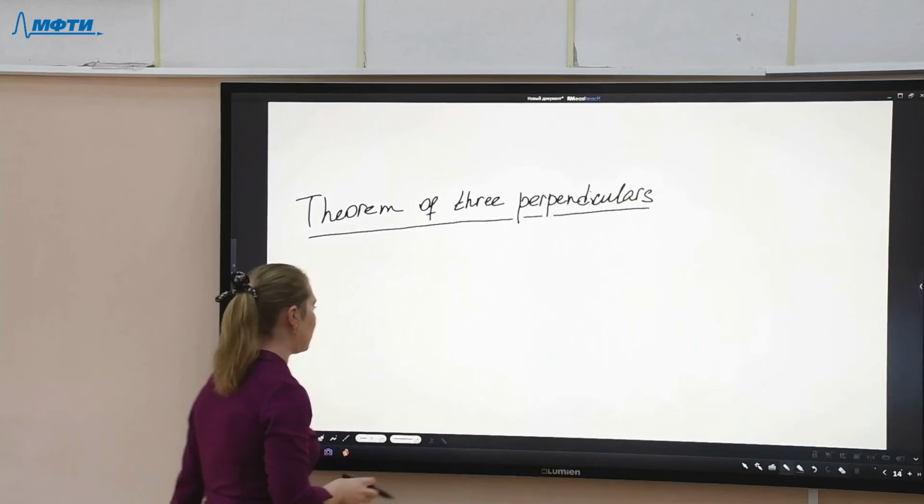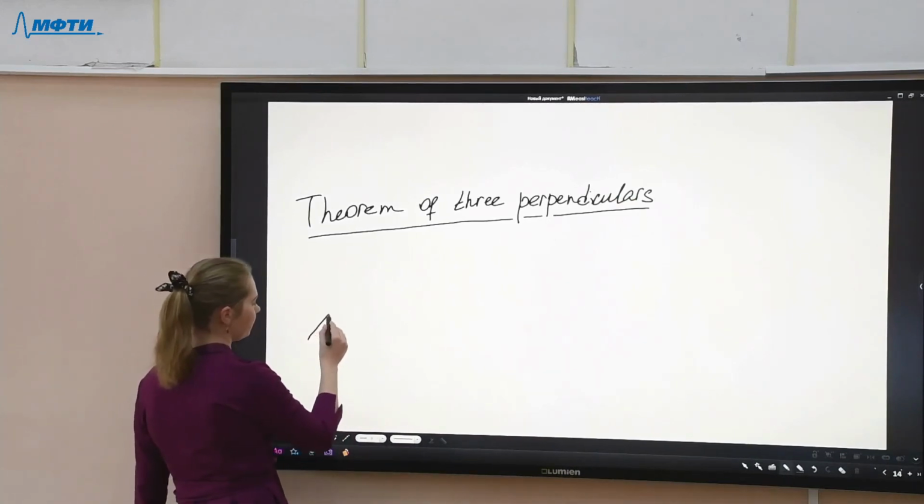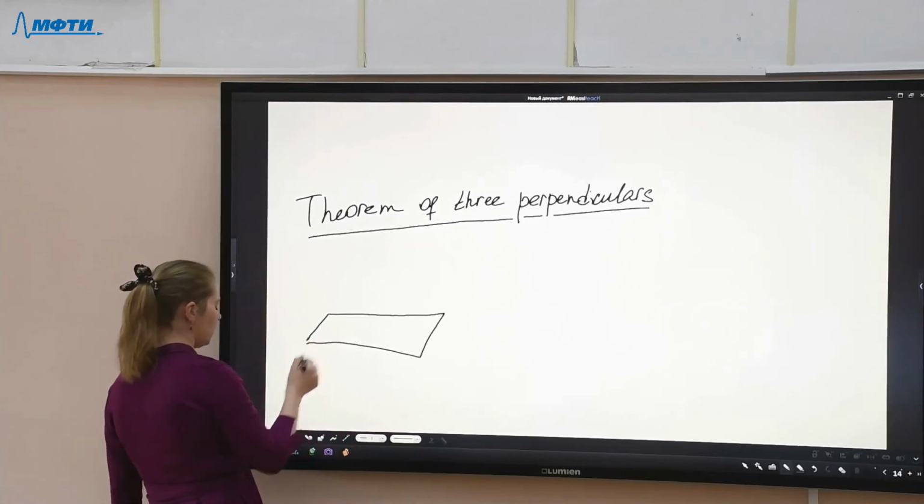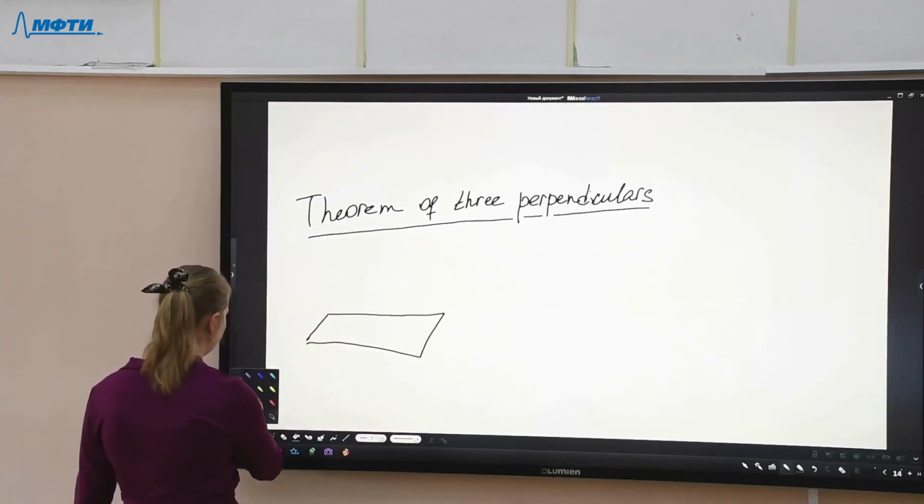So imagine that we have a plane. And we have a perpendicular to this plane.